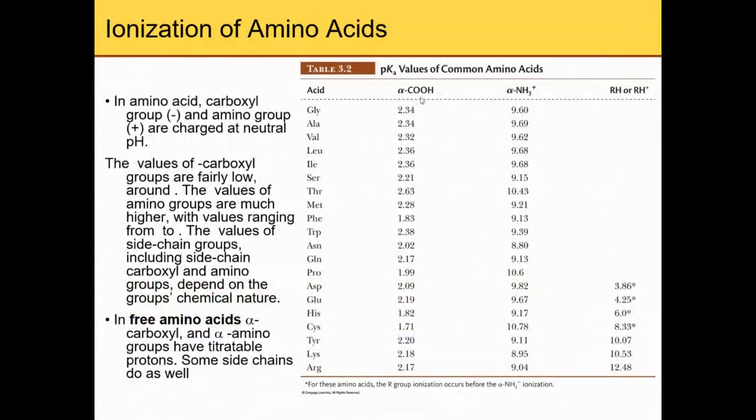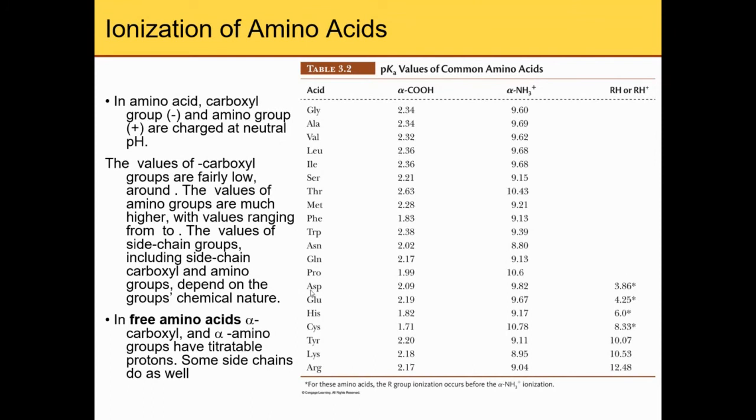So to determine the pI for all these amino acids, that's very simple. You just add the first value from the first column and the value from the second column and divide by 2. That'll be the pI.